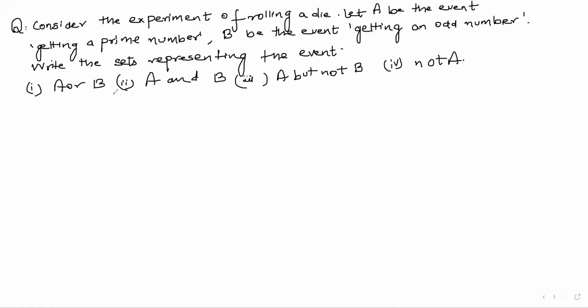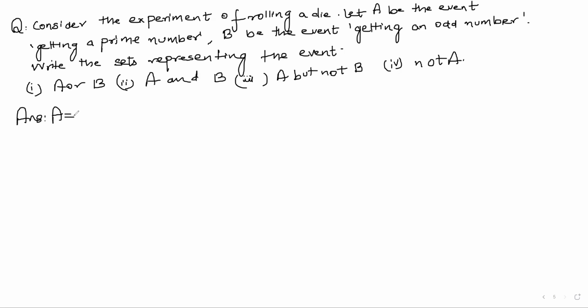First, second, and third we will do later on. The question is, consider the experiment of rolling a die. Let A be the event getting a prime number, B be the event getting an odd number. You need to find not A. So first of all, we need to find A. So anyone can tell me what is A?